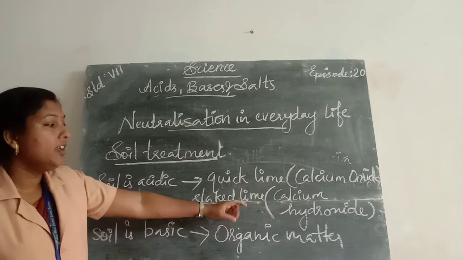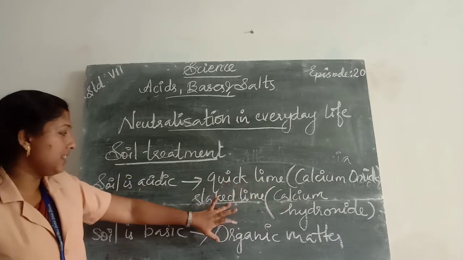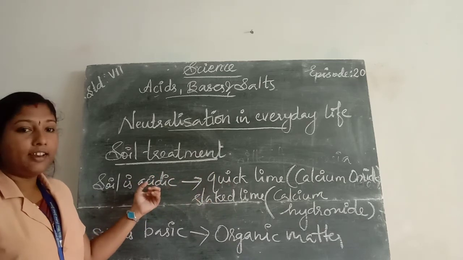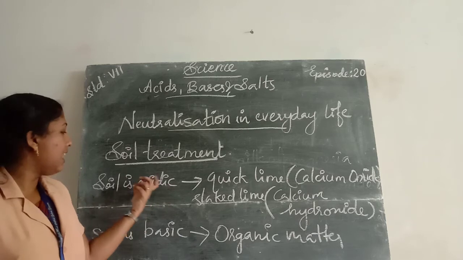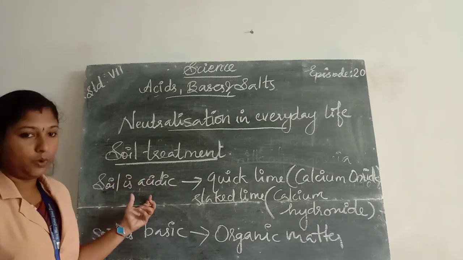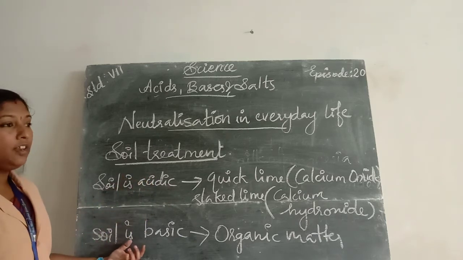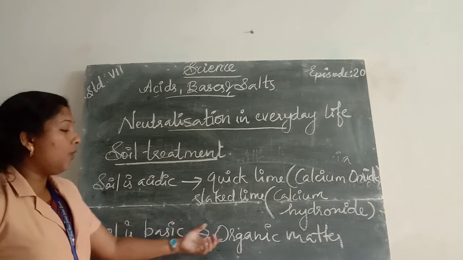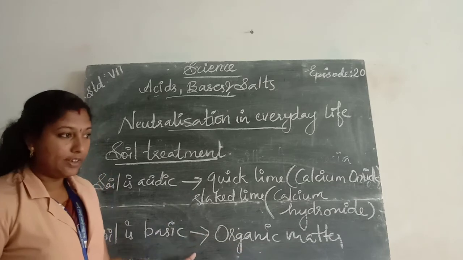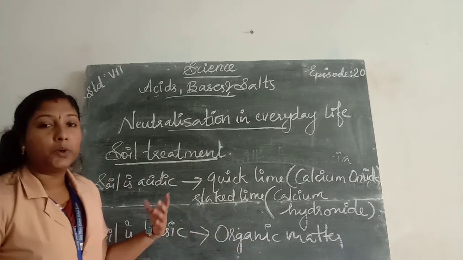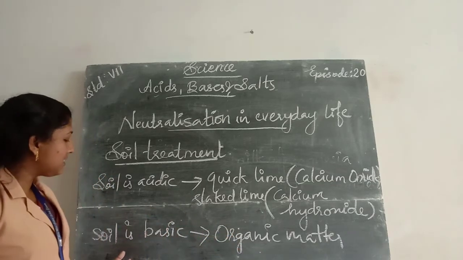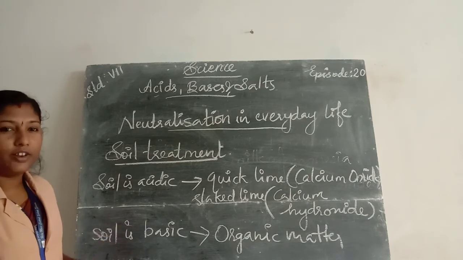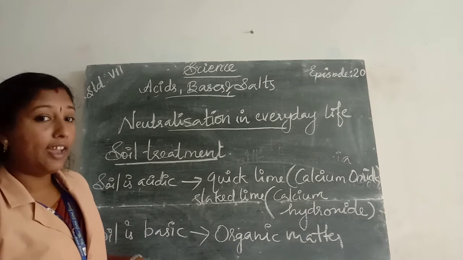These bases neutralize the excess acid present in the soil. If the soil is too basic, we add organic matter. This organic matter produces acids, which neutralize the bases present in the soil. All of you understood? Okay, next about factory waste.